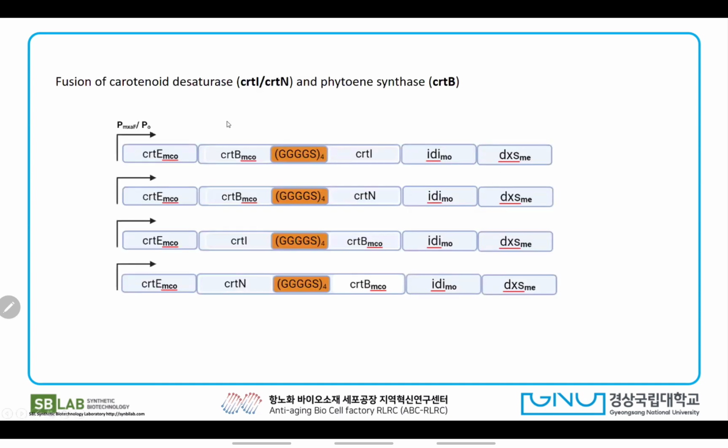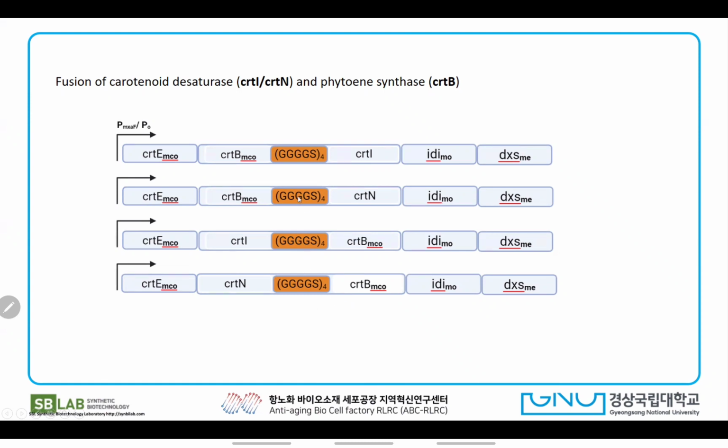So we wanted to fuse CRTI or CRTN, the native carotenoid desaturase, with CRTB. We made 4 constructs: CRTE along with B and I fusion and IDI-DXS, and then CRTE with B and N fusion, and CRTI and B fusion, and N and B fusion.